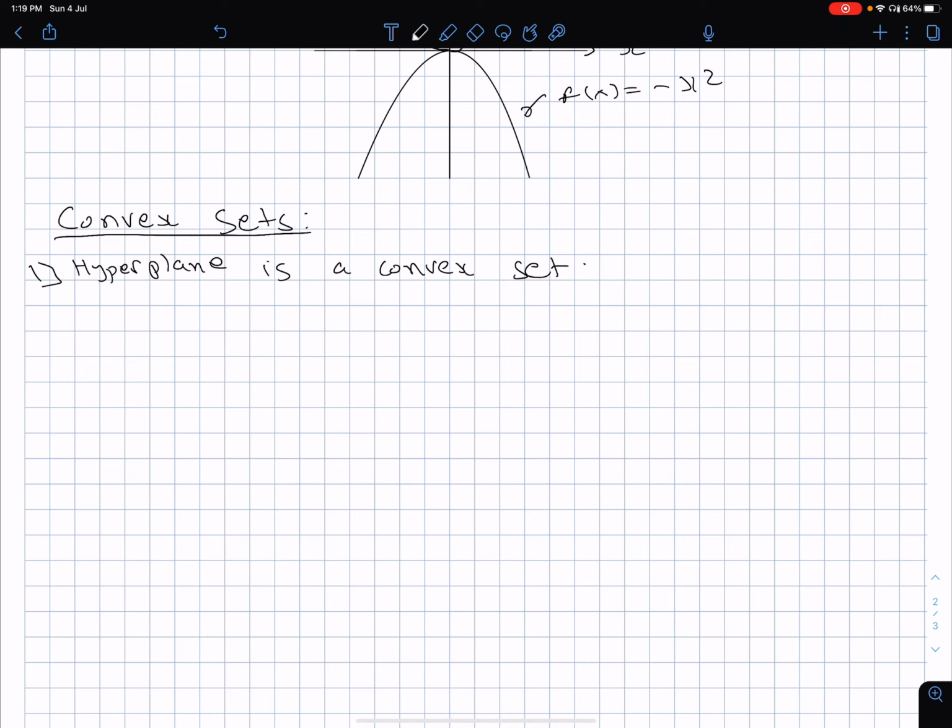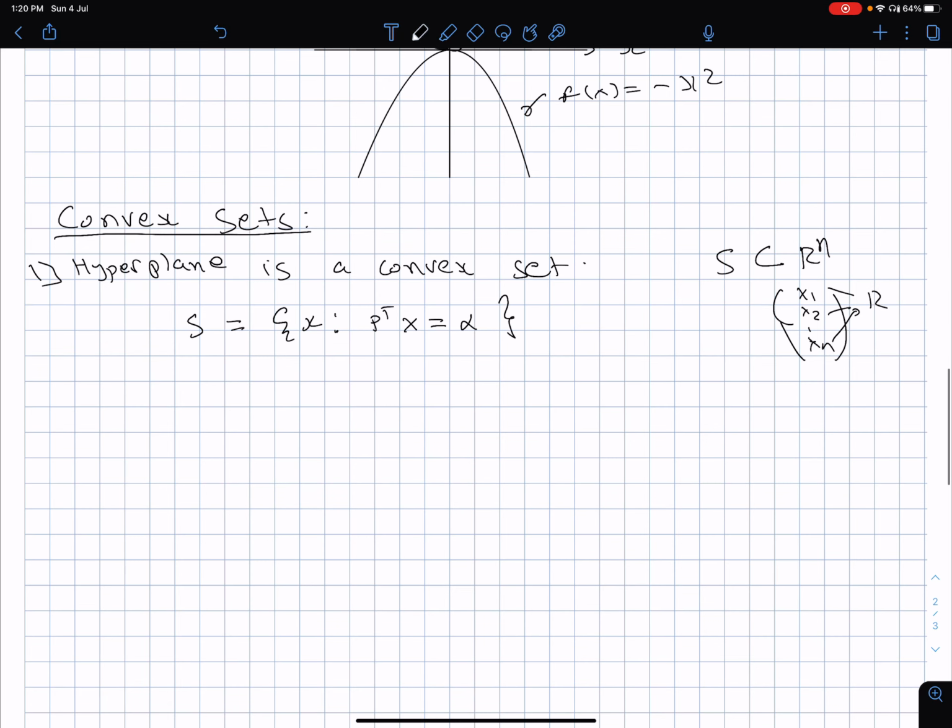Why? First of all, what is a hyperplane? A hyperplane is a set S, a subset of Rn. It is the set of all x vectors, where by Rn I mean x1, x2 to xn, an n-tuple with each coordinate being real, such that P transpose x is equal to alpha.